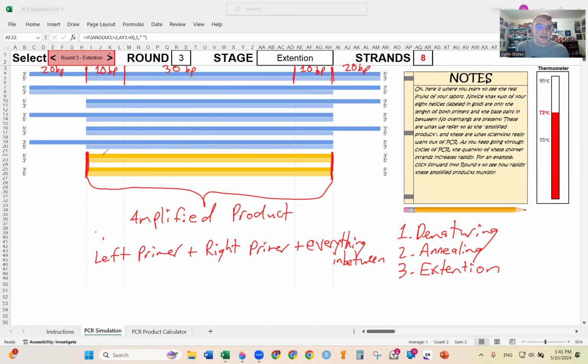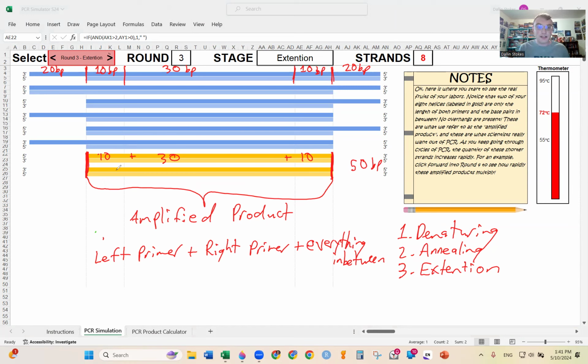So it would be 10 plus 30 plus 10. So my amplified product in this case would be 50 base pairs long. That's how you'd figure out the length of your amplified product. It's always the left primer plus the right primer plus everything in between. So don't forget, the primers are included in the length of your amplified product.